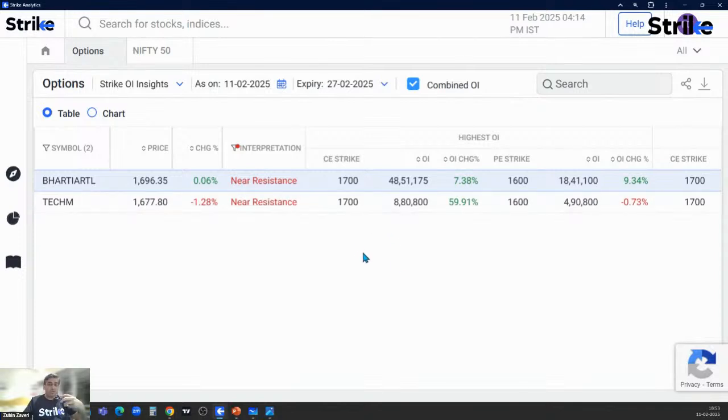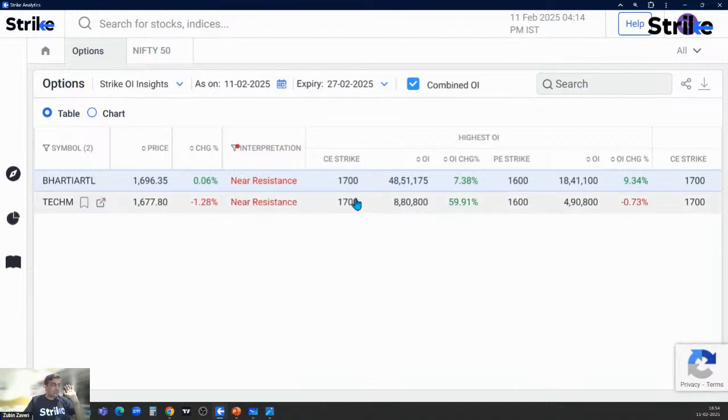Now, when we say that a particular strike, that is the 1700 strike, open interest has increased, we are looking at a seller's perspective, meaning we will understand that at 1700 most of the institutional or professional players have short calls, they have sold calls, meaning they expect prices not to go beyond 1700. Did you understand?